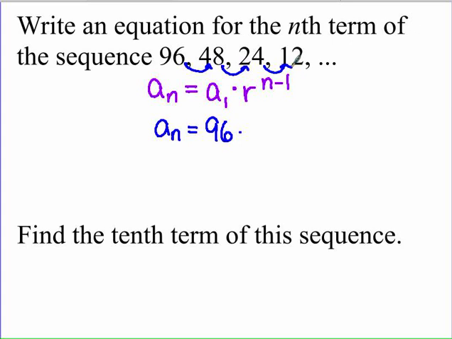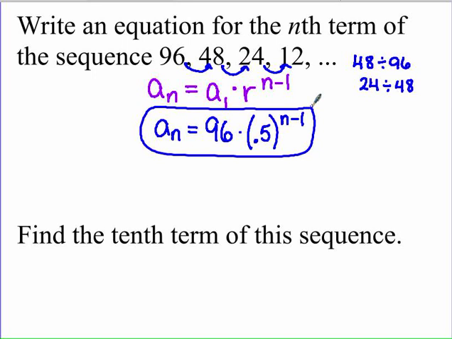What am I doing to move from one term to the next? Remember, if you didn't know, let's take 48 divided by 96, or 24 divided by 48. What do you get? 0.5. So I'm going to put 0.5, which you could also write as 1/2, to the n minus 1.